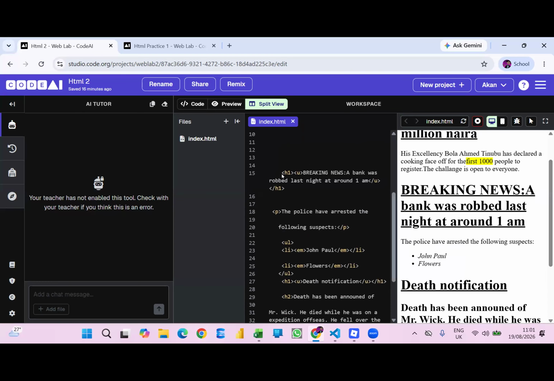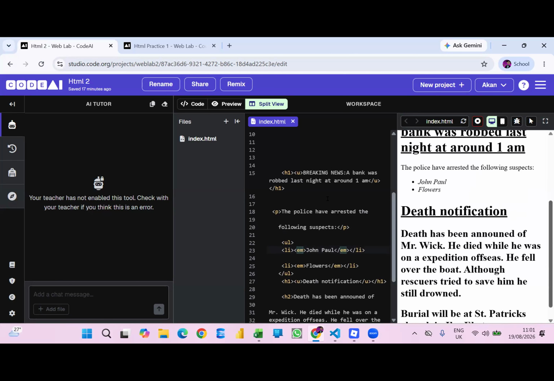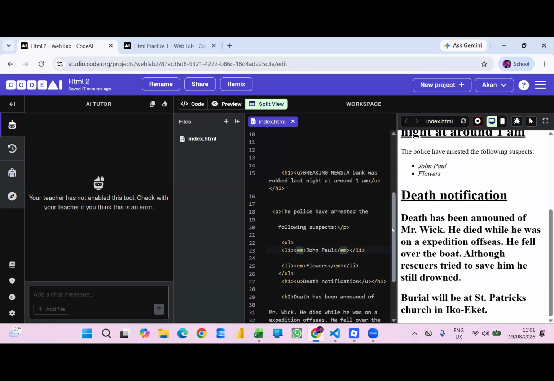I also used the heading one again and the underlining to underline this. I also used the unordered list, and the EM to italicize my work. Okay, that's good.